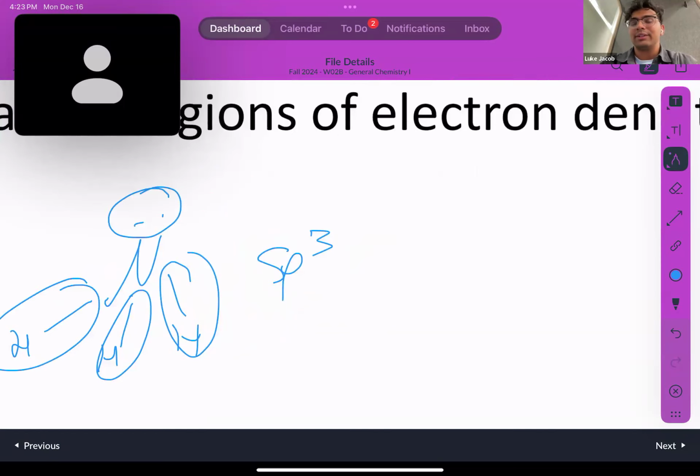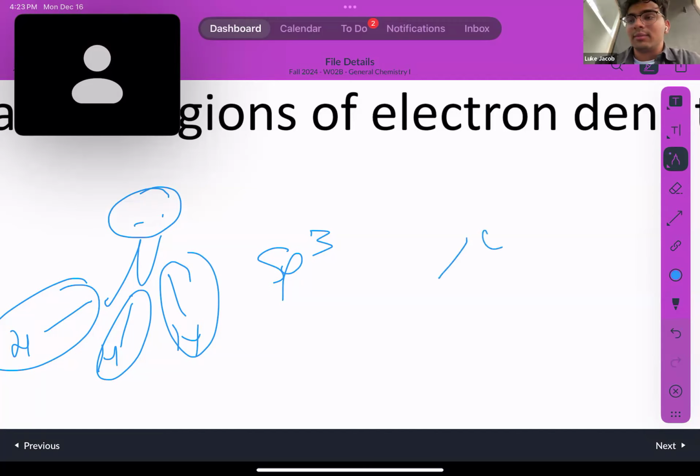That can tell you about the electron arrangement and geometry. The electron arrangement has to be similar to tetrahedral. Trigonal pyramidal is similar to tetrahedral, that's why it's in the same electron arrangement. It's just because of that lone pair that it changes and becomes trigonal pyramidal. So that's just something to know.